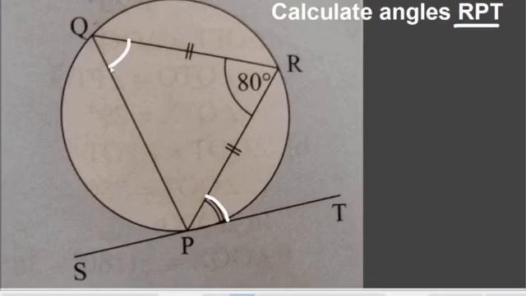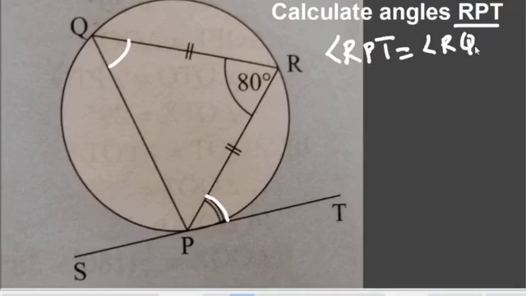So the angle on Q, RQP, and the RPT are equal. So I've said the angle RPT is equal to angle RQP.